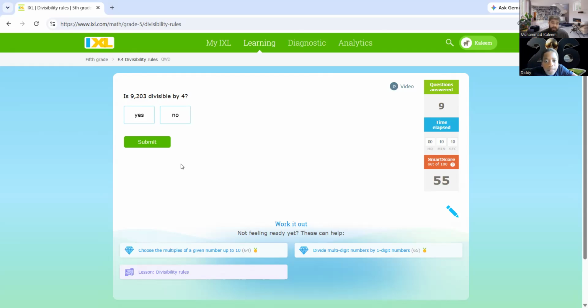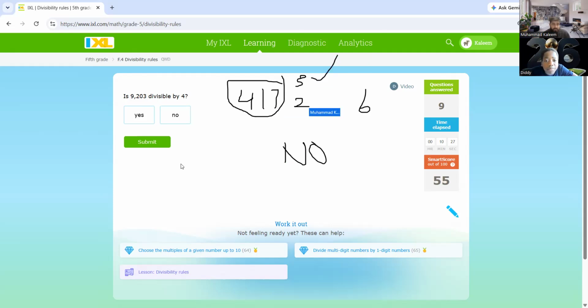Okay. Now if I'm checking 417, is this divisible by 6? I will quickly say no, it's not divisible by 6. Why? Even though 417 is divisible by 3, it's not divisible by 2.